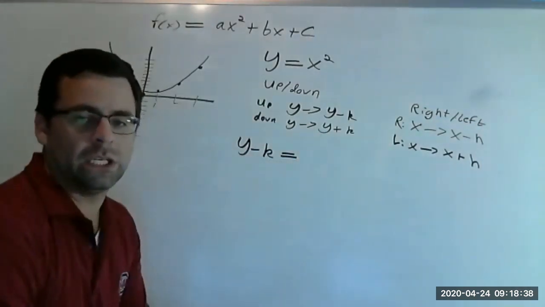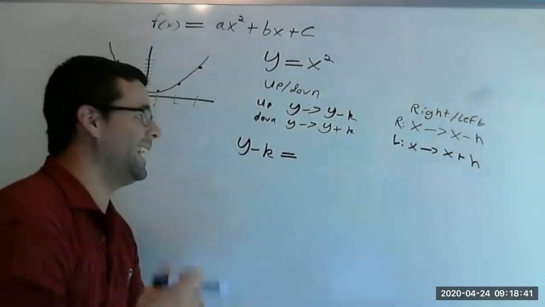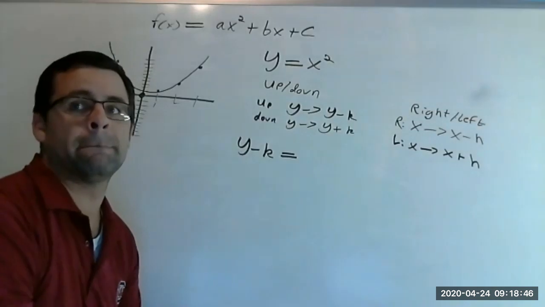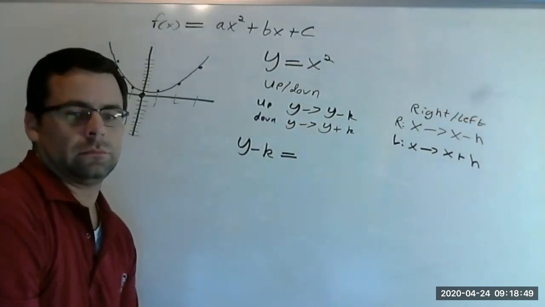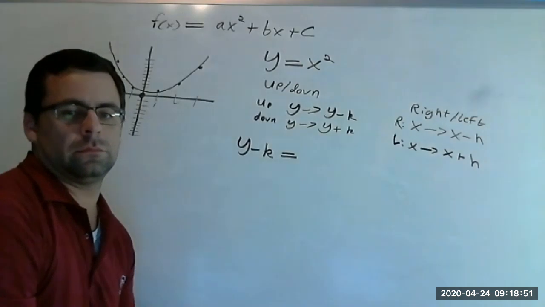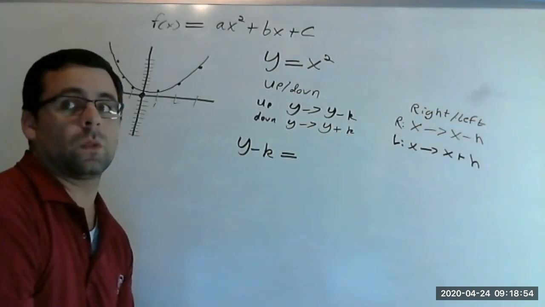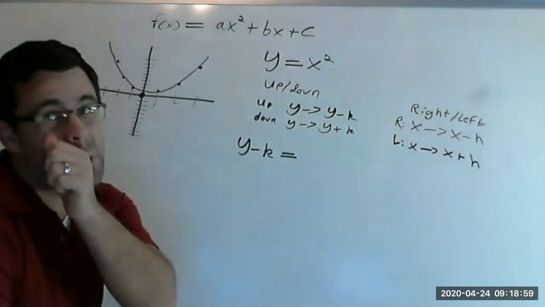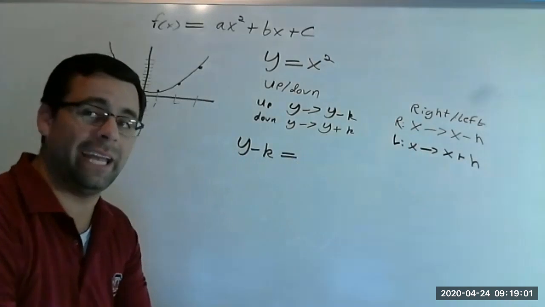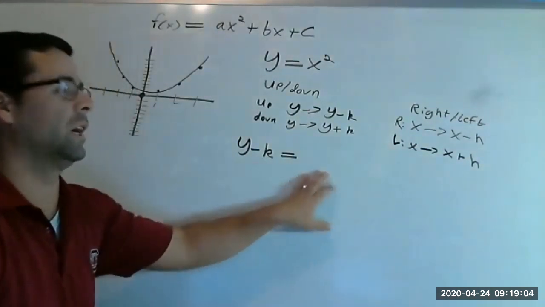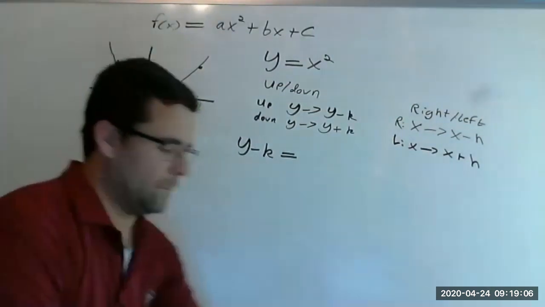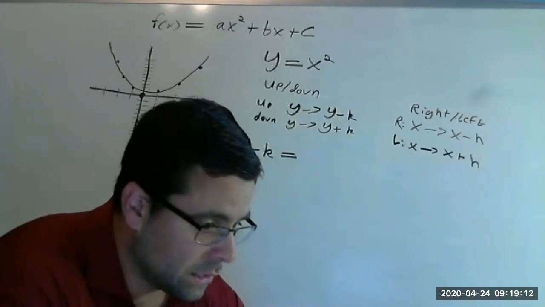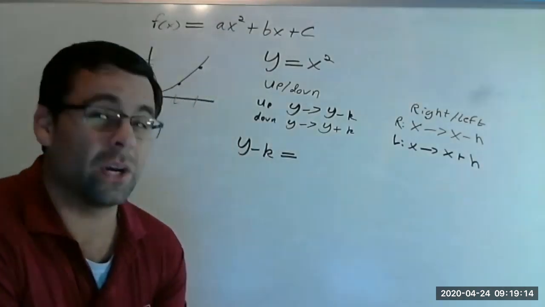And if we apply it to x, what do we get on the other side? If you apply the same thing to x, we're going to put in x minus h, but what's it going to look like right here? X squared minus h.